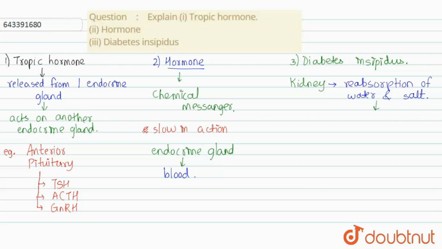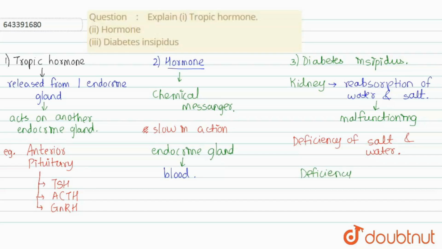Whenever there is malfunctioning of this reabsorption, salt and water will not be reabsorbed into the body and excessive loss of salt and water will take place. So there will be deficiency of salt and water inside the body. This disease is due to a defect in a hormone, that is, deficiency of ADH.